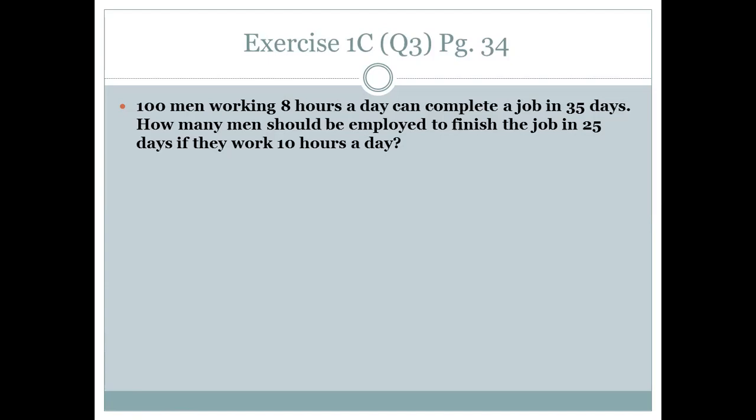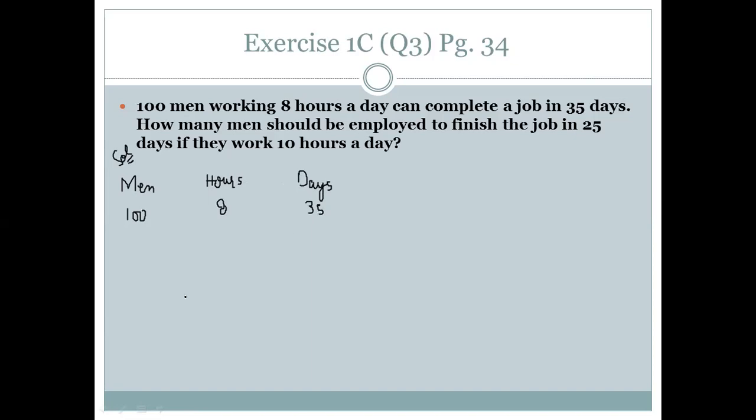So now let's create a table like we have done in the previous two questions. Solution: men, hours a day, and then we have days. 100 men working 8 hours a day for 35 days.